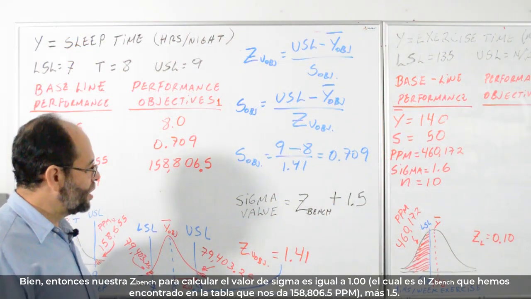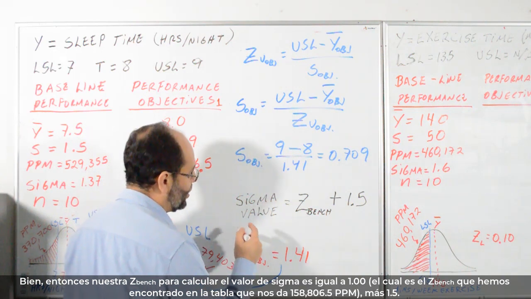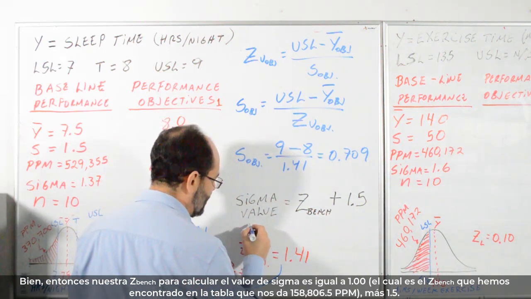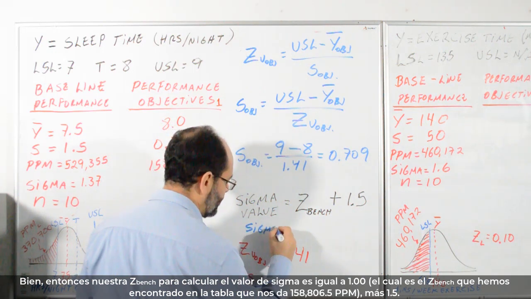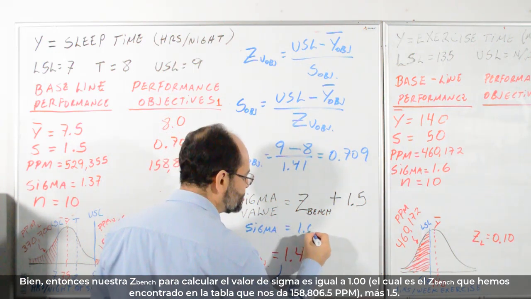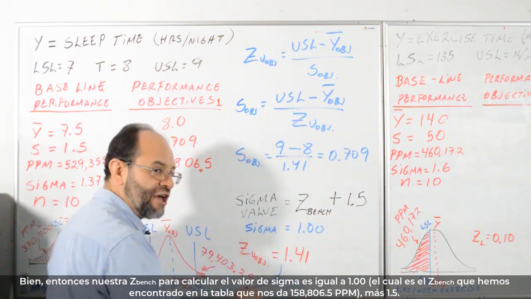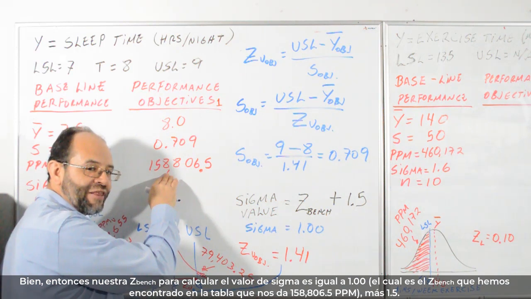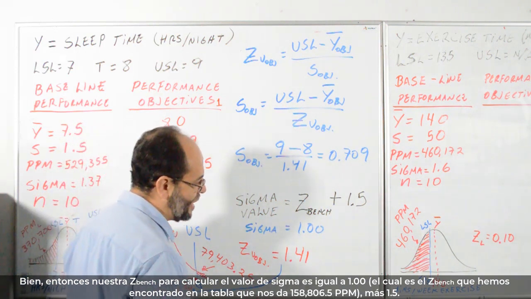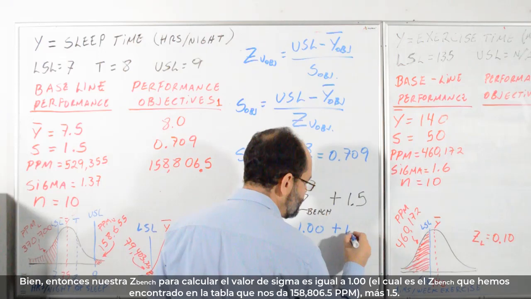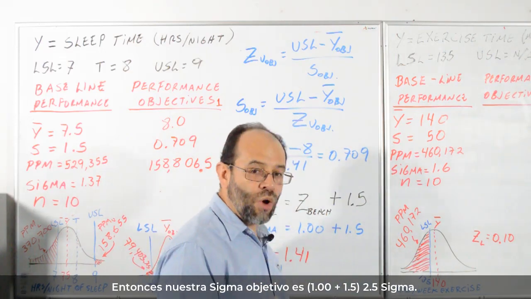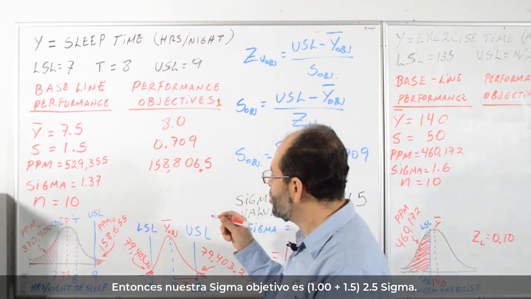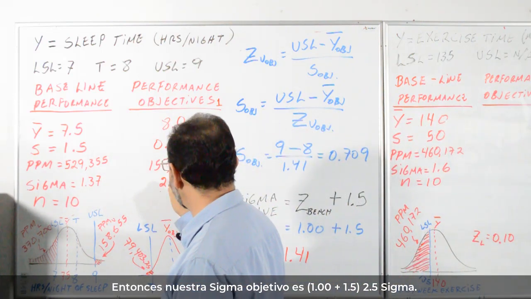Okay, so then our Z bench, to calculate the sigma value, we are going to do sigma value is equal to 1.00, which is the Z bench that we have found on the table, that is getting the 158,800 ppms, plus 1.5. Then our sigma objective has to be 1 plus 1.5, 2.5 sigma.